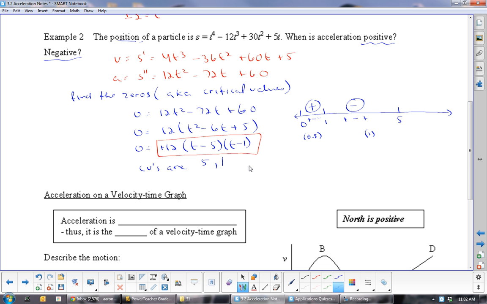Okay, let's pick 6 for our test here. We've got a positive, positive, and a positive. Give me a positive. Okay, so how would we write this? We would say, therefore, acceleration is positive on square bracket 0, comma 1, and we'll put a round bracket there, union 5, comma infinity.